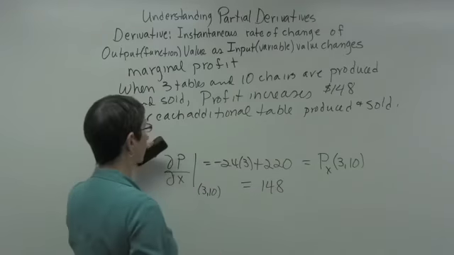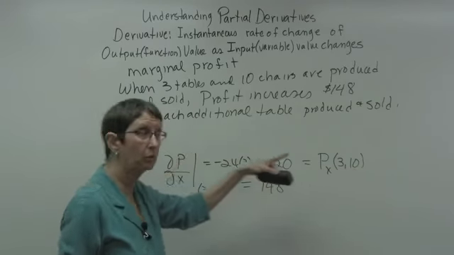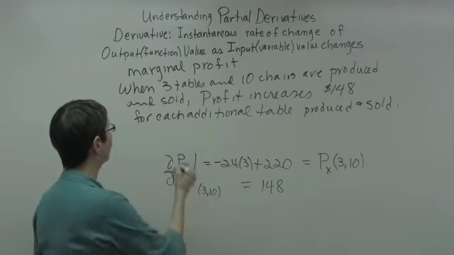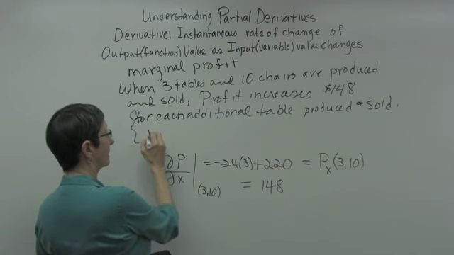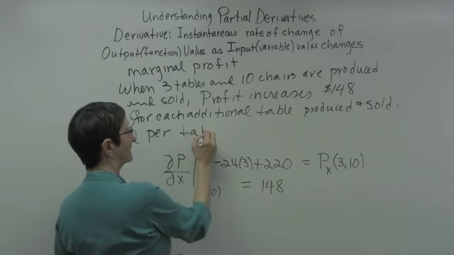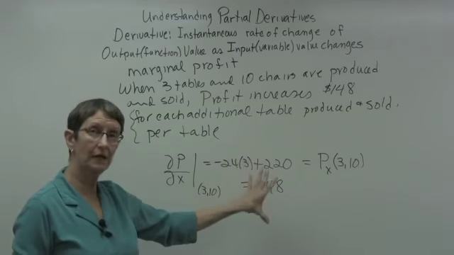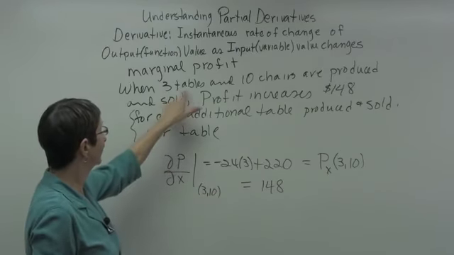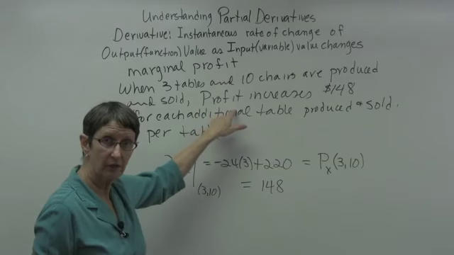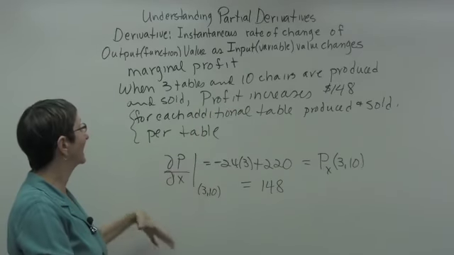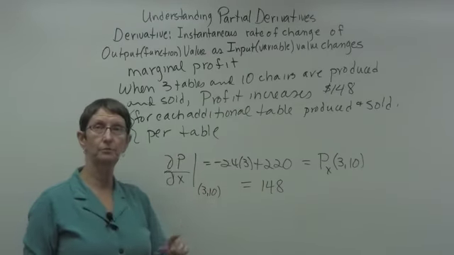So you can either say for each additional table produced and sold, which gets the marginal profit idea, or you could say per table. And it means exactly the same thing. But that's what a partial derivative does. It is a rate of change in the function as an input changes its value.